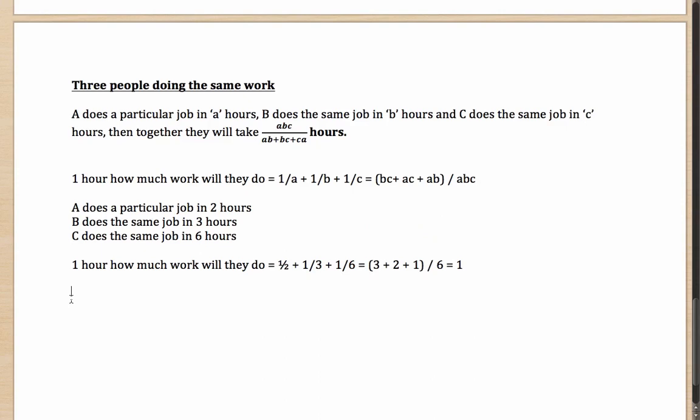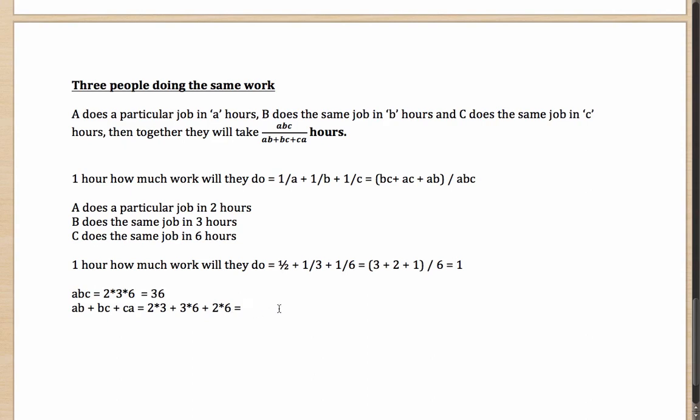Let us see if we can get the same value by the formula. In the numerator, I have A into B into C, that is 2 into 3 into 6. In the denominator, I will have AB plus BC plus CA, which is equal to how much? That is 2 into 3 plus BC is 3 into 6 plus CA is 2 into 6. 2 into 3 into 6 is 36.